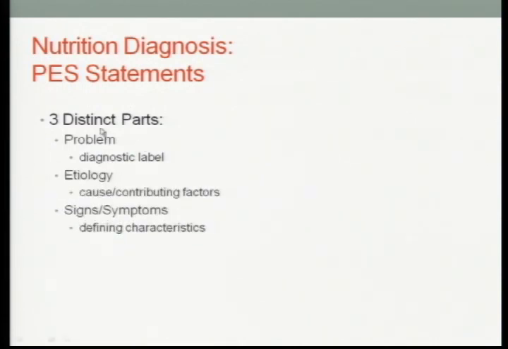And so the problem is your diagnostic label, the etiology is what's causing that, and your signs and symptoms are those defining characteristics. So if your patient has excessive caloric intake, your sign may be results of a 24-hour recall, plus the fact that their BMI is maybe 45. Or you may use weight gain, or other things that you can use that are signs and symptoms or evidence of that excessive caloric intake, okay?